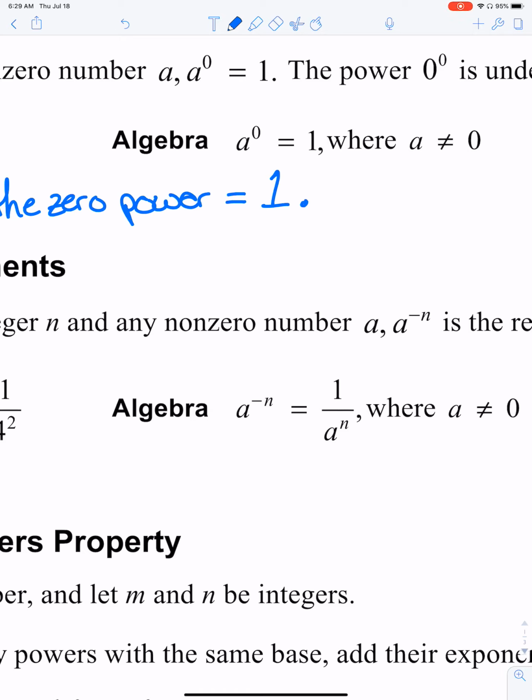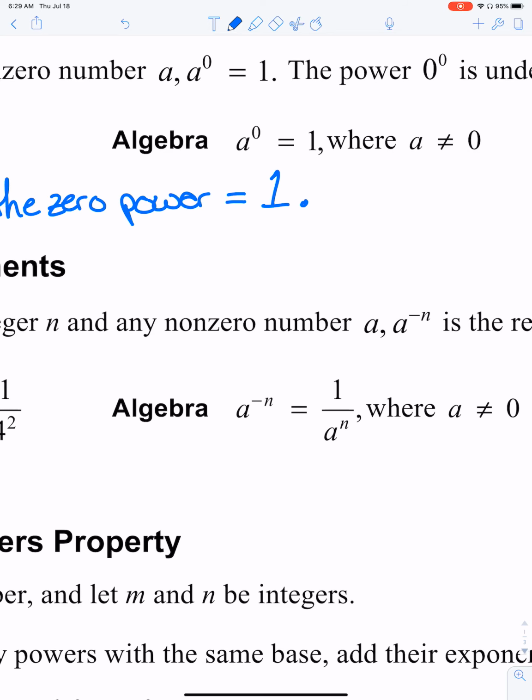Okay, just something small that I want to point out. Anything to the zero power is 1, this is true. However, parentheses in all versions of exponents are very important.